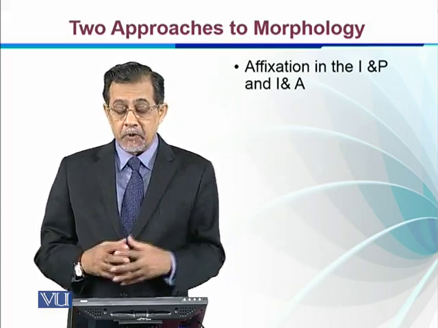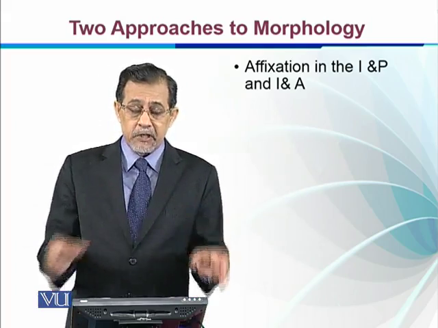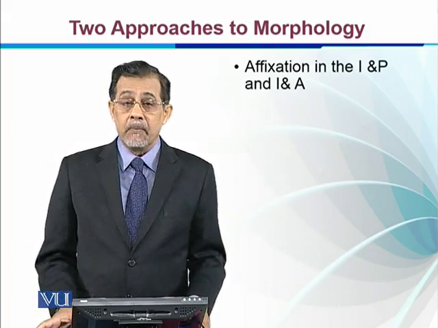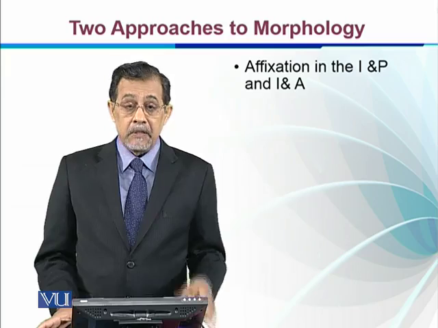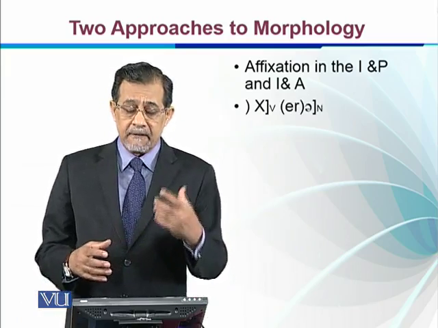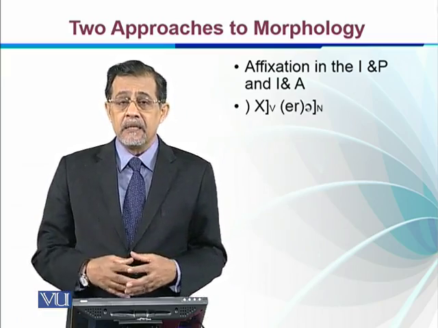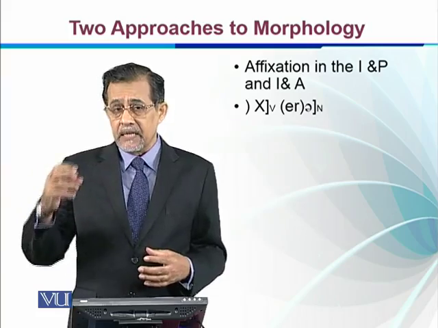Affixation in item and process and item and arrangement. How do we attach affixes to the stem according to these approaches? For example, we have any verb x, and we add er, and thus we get a noun.